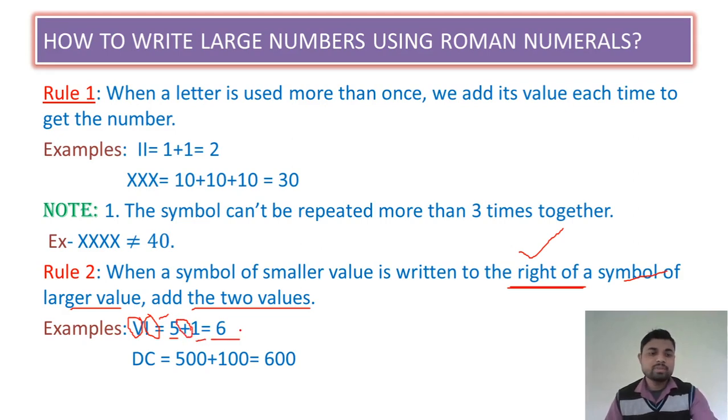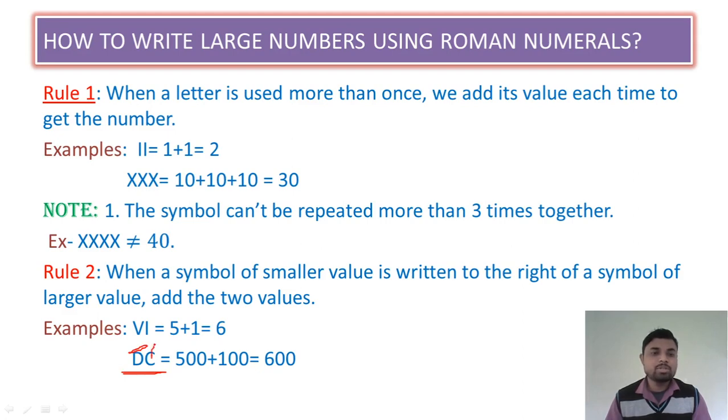Is it clear? Similarly, DC: D means 500, C means 100. So obviously C is smaller. When the smaller value is written on the right hand side, we'll do addition. So 500 plus 100, that is 600. Is it clear? You have to learn this rule, otherwise you cannot do the questions from self practice.